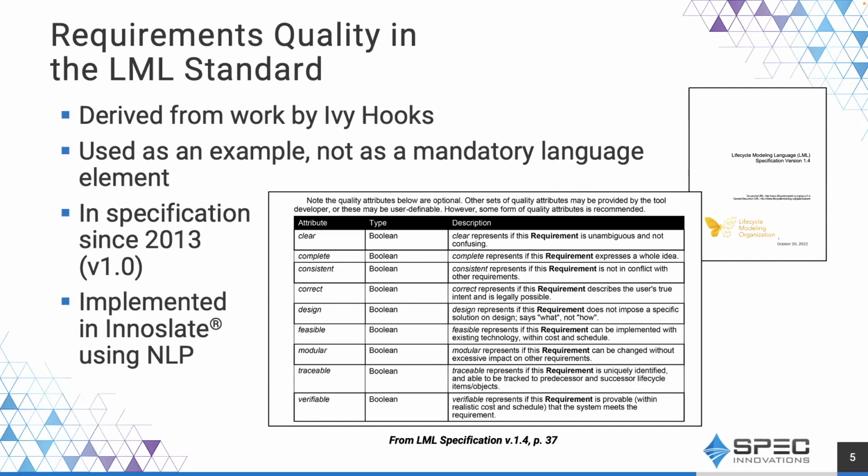I think what we implemented in Innoslate was 8 out of these 9. I think the modular one got wrapped up in something else, if I remember correctly. So we ended up consolidating a little bit, because there seemed to be some overlap between these. That's one of the hard things about these categories, keeping them separate enough that they really are distinct from one another. I did notice that being a difficulty as well. So this has been in the specification since 2013.